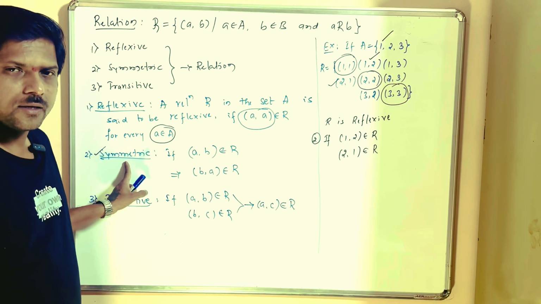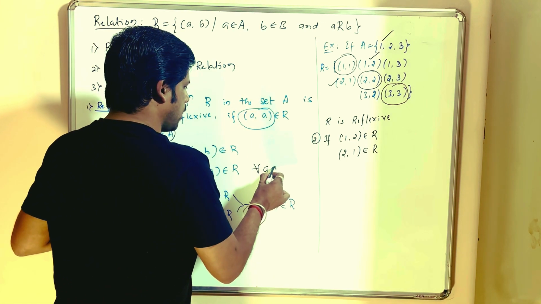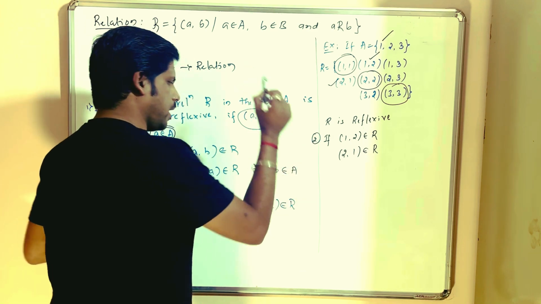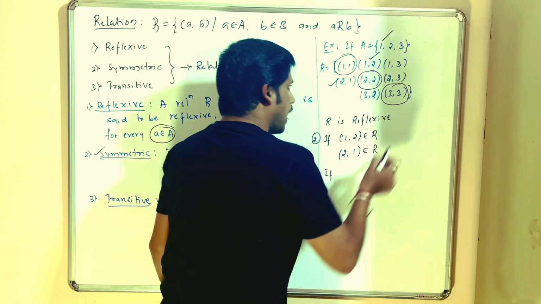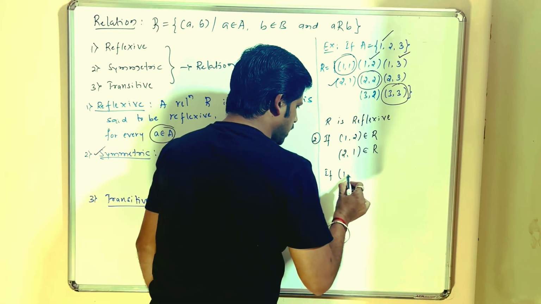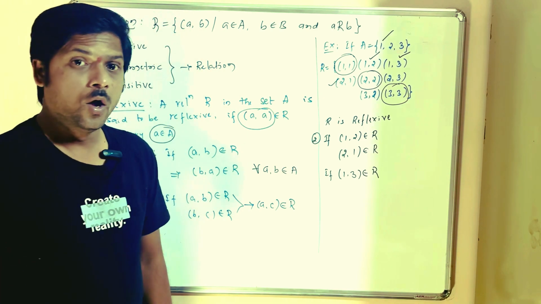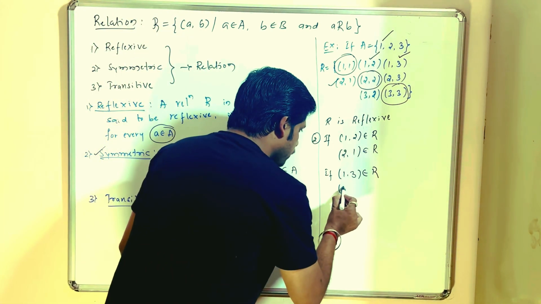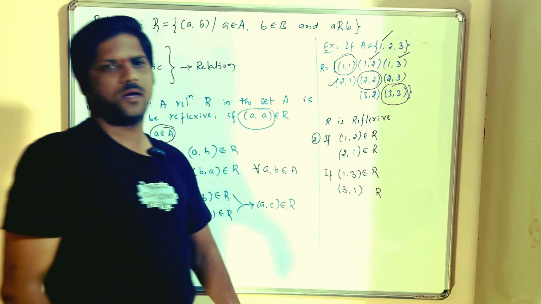Then R is a symmetric relation. So therefore for all a, b belongs to A. So therefore again here also, suppose I am going to consider 1, 3 belongs to R, the second ordered pair considered. Now what should we check? 3, 1, whether it belongs to R or not.